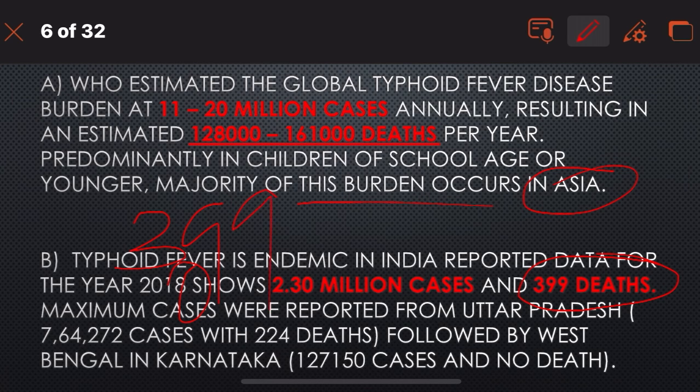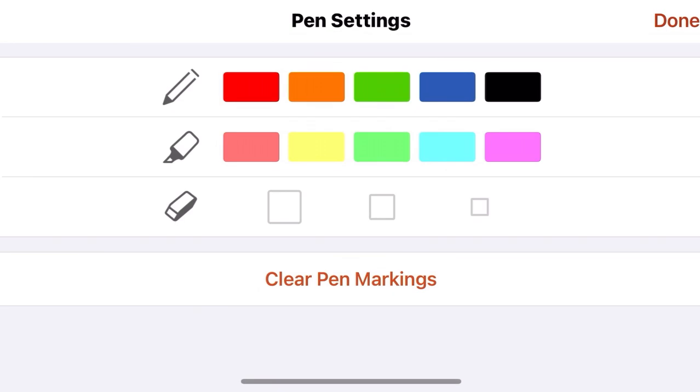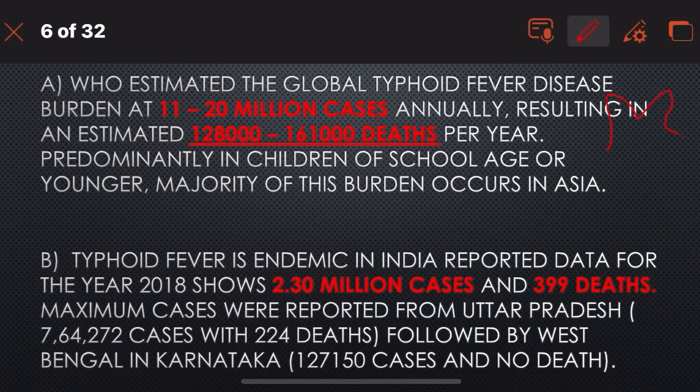399 deaths. Maximum cases were reported from Uttar Pradesh, 7,64,272 cases, and 224 deaths were from Uttar Pradesh. So, from the overall country, India, the number of deaths is 399, whereas Uttar Pradesh itself has recorded 224, the highest number, with 7,64,272 cases.